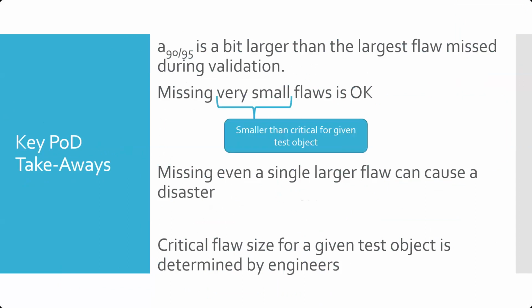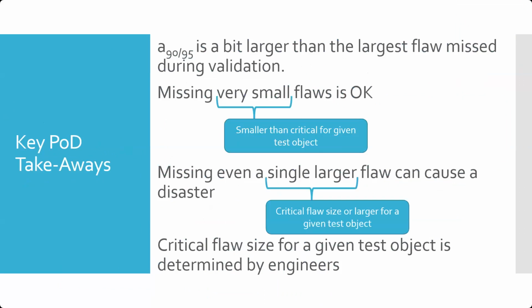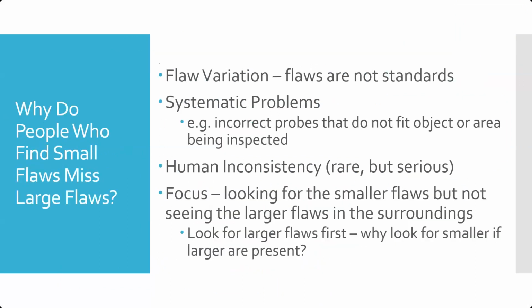Okay. So, just to summarize, missing very small flaws is okay as long as they're smaller than the critical size for a given test object. Missing even a single larger flaw can cause a disaster. By single larger, I mean larger than the critical flaw size for a given test object. Okay.